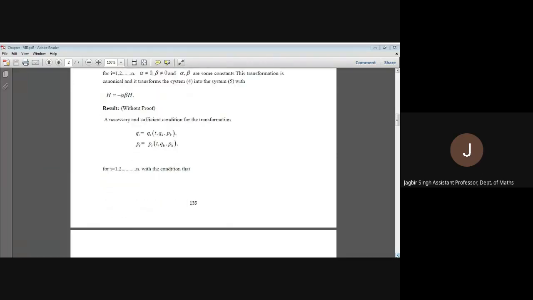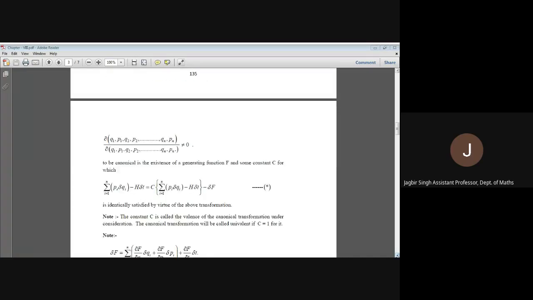Now there is a result that a necessary and sufficient condition for a transformation q̃i equal to q̃i(t, qk, pk), and p̃i equal to p̃i(t, qk, pk), with the condition that the Jacobian should be non-zero, to be canonical, is the existence of a generating function F and a constant c, such that summation i from 1 to n of pi δqi minus H δt, this is the Poincare-Cartan integral invariant, the coefficient.